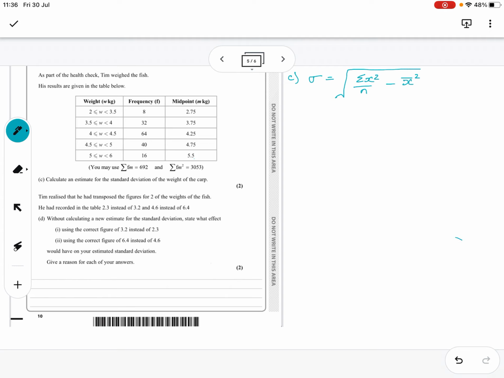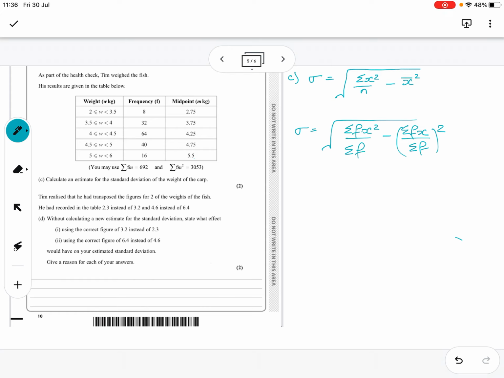When it's in a table, you've got the sum of fx squared over the sum of the frequencies, which is the total, like the n, minus the mean, which instead I can put as the sum of the fx's over the sum of the f's, all squared. It's exactly the same formula. It just takes into account that you've got the frequency and the midpoint.